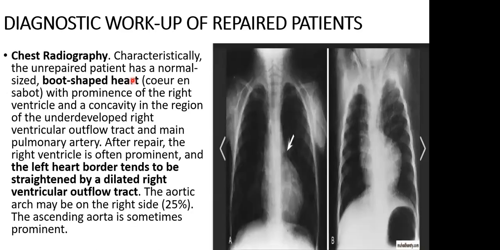So looking at the workup of these patients, when the patient does a chest radiograph, it actually presents with a boot-shaped heart. This is not really showing it, the next picture I'm going to describe it better. So in a boot-shaped heart, the right ventricle is actually bulging out because of the right ventricular hypertrophy that you see in TOF. So you notice a bulging of the right ventricle. And then also the arch most times is tilted towards the right in the patient with tetralogy of Fallot.